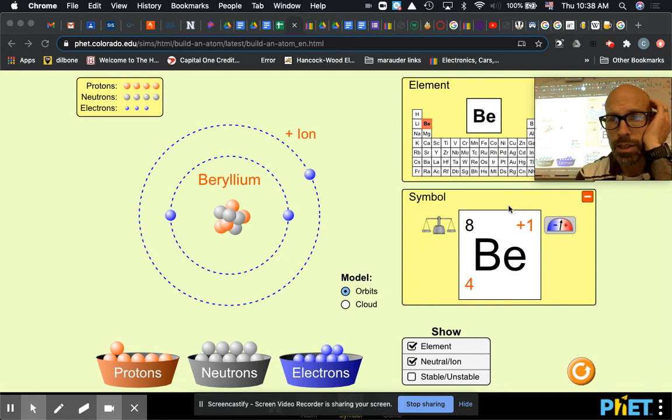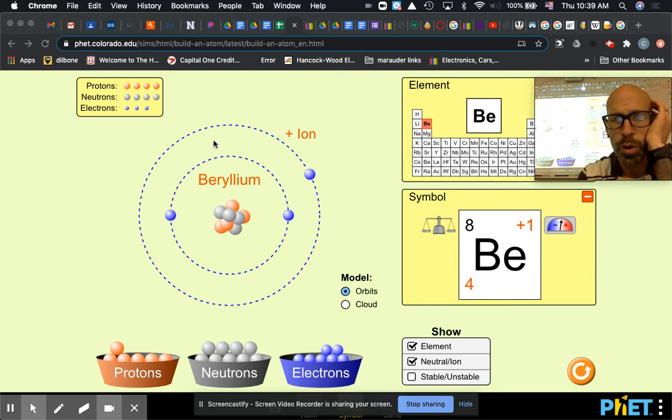And the charge based on 4 protons and only 3 electrons is a plus 1, because there's 1 more proton than electron. So that leaves us with a plus 1 charge, 4 protons, 3 electrons.